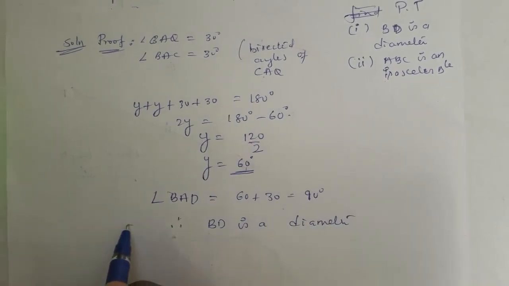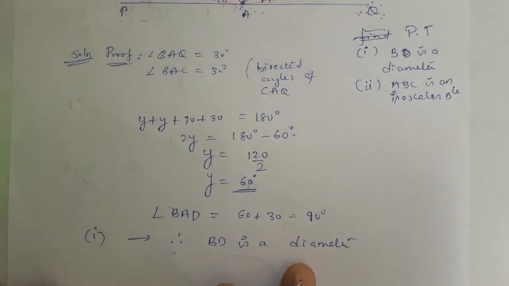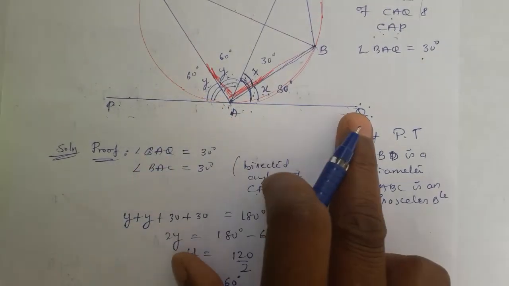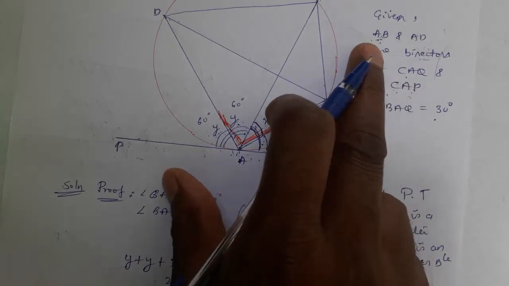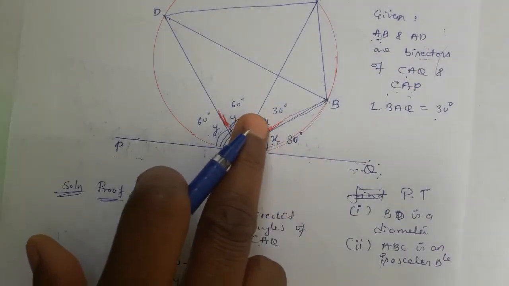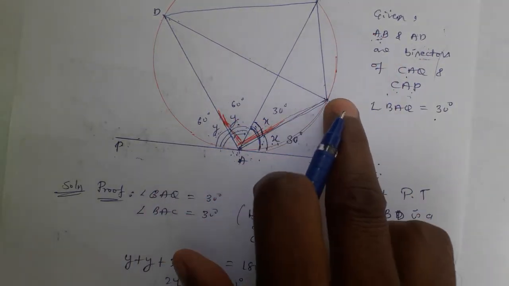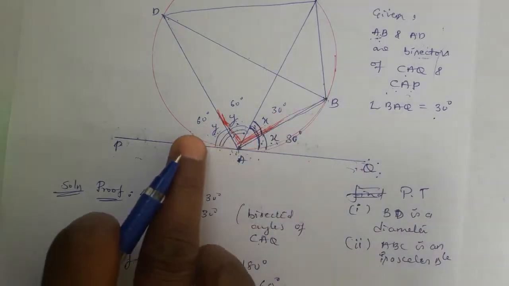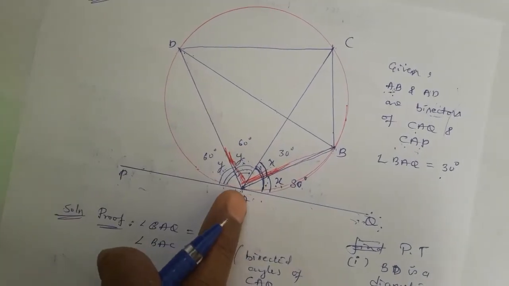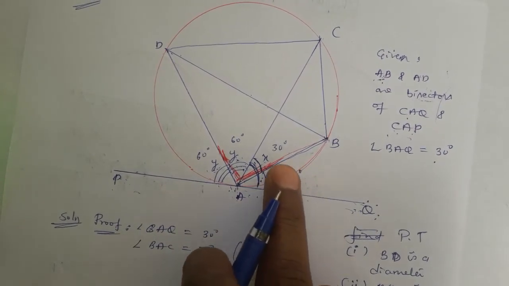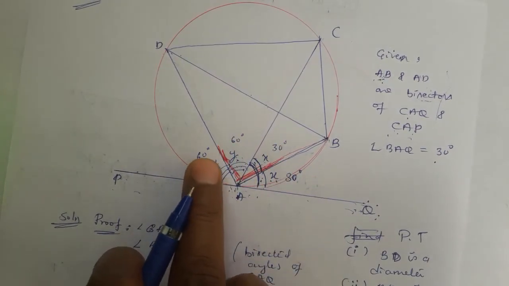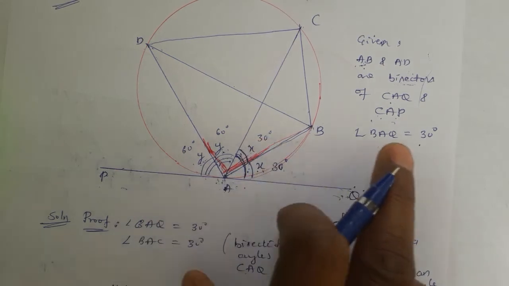Okay, this is the first sub-question answer. Finished. What I did: I took the straight line, and all four angles are added. As given in the question, the two are bisections of angles, therefore 30 plus 30, because AB is the bisector of one angle, AD is the bisector of another angle, therefore 30 plus 30, 60 plus 60, both are equal. 30 plus 30 is given already.